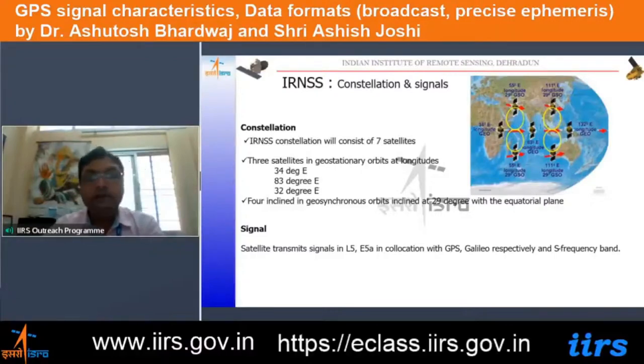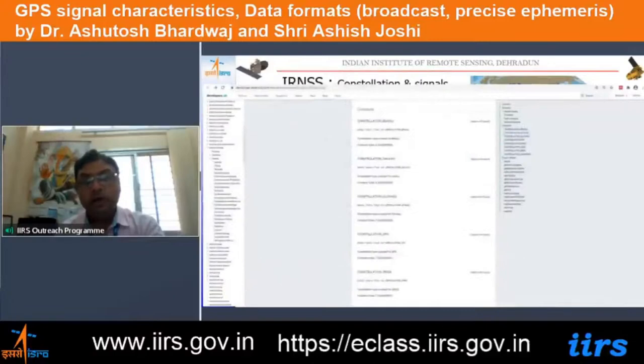And L5, as I told, is common with the E5A band of Galileo or the L5 of GPS. So interoperability is also maintained between IRNSS and GPS or Galileo. Now this, and the new latest Android version, as I have told you earlier, API level 29 has packages related to IRNSS.